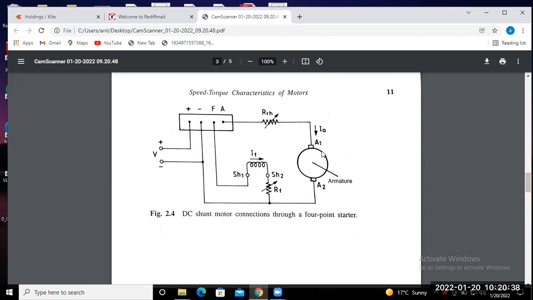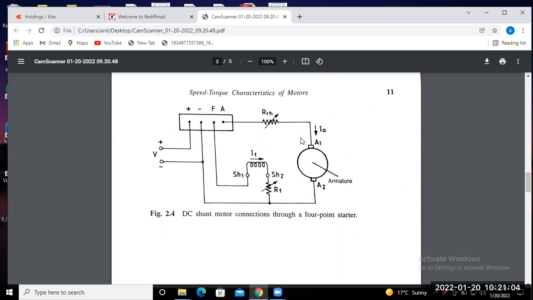So the voltage equation is V equals EB plus IA R, where R is the equivalent total resistance, that is, the static resistance plus the armature resistance, represented by R_A. So this is the voltage equation for the DC shunt motor.